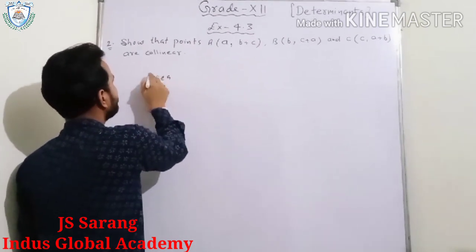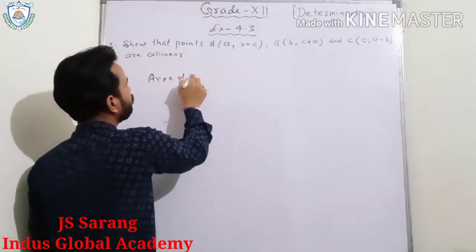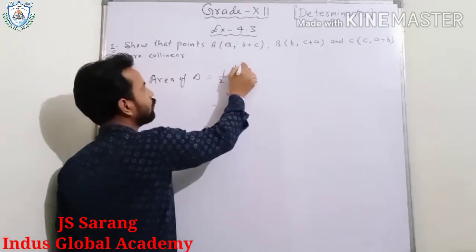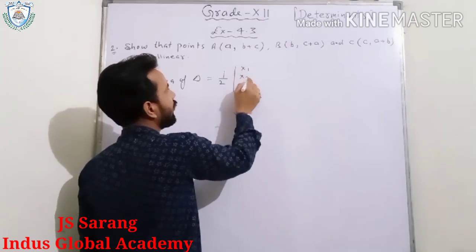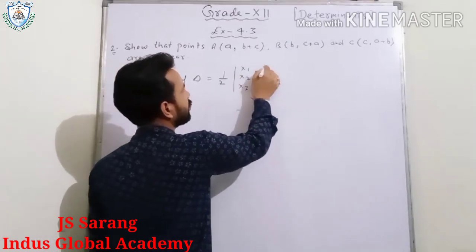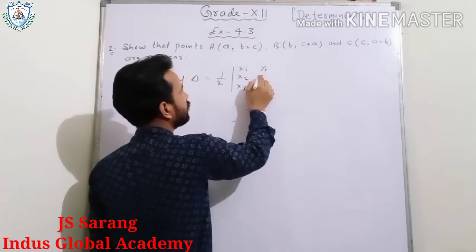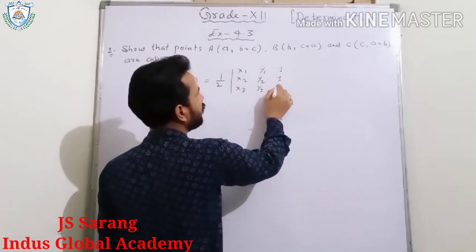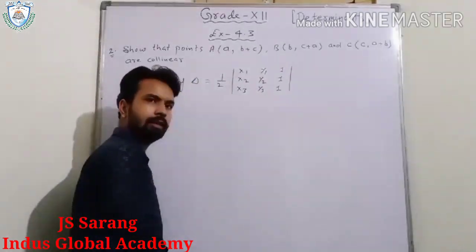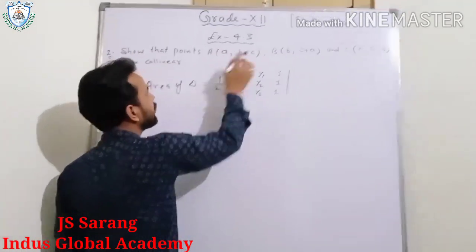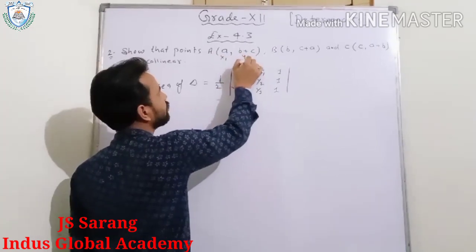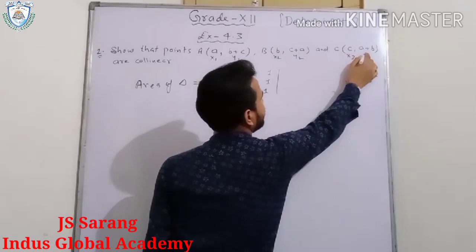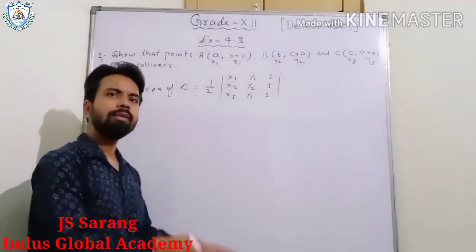Okay, so we have to find the area. The area of the triangle formula is 1 by 2 determinant of x1, y1, 1; x2, y2, 1; x3, y3, 1. Clear? Now see, these 3 points are given, so this will be x1, this y1, this x2, y2, and this x3 and y3. Now we substitute the values.